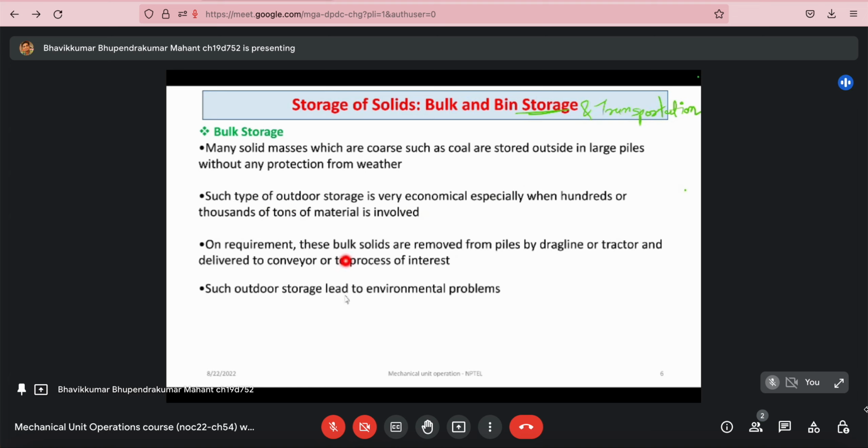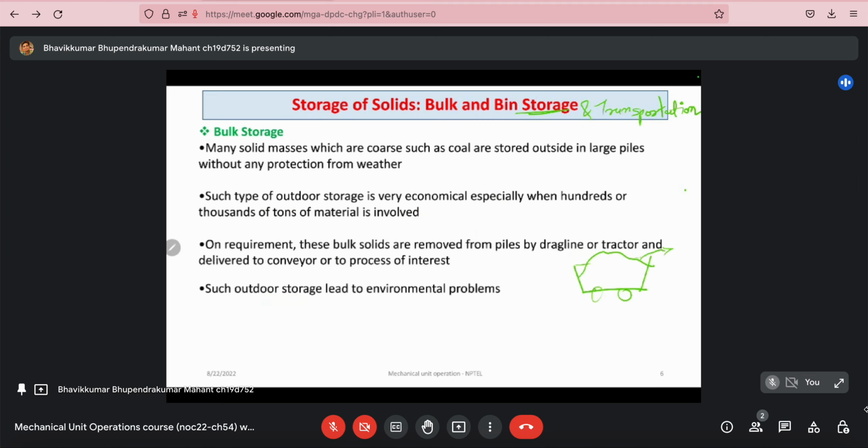If required, bulk material is removed from the piles by dragline or tractor and delivered to a conveyor. It is very easy to transfer from one place to another if we store it in bulk form. Such outdoor storage leads to environmental problems. When we store coal in wagons like this, in a train, dust particles go into the environment.